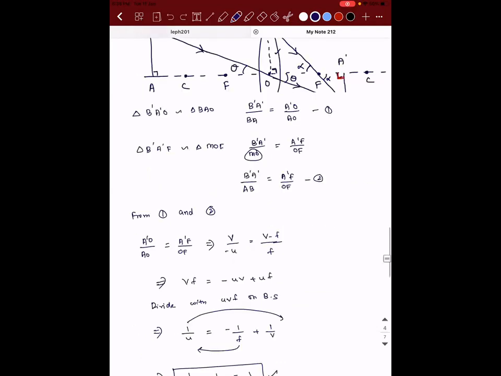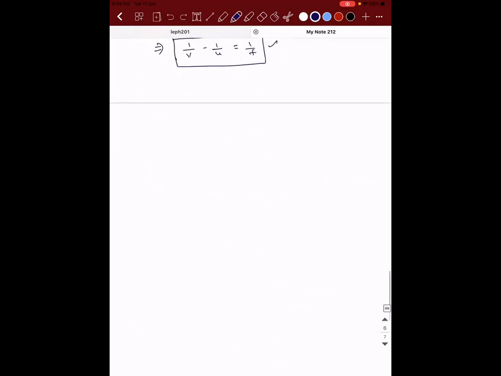Because, during the process of derivation, when you take the case of mirror, how many mirrors do you know? Plane plus spherical. Again, spherical are classified into two types. What are they? Concave and convex.